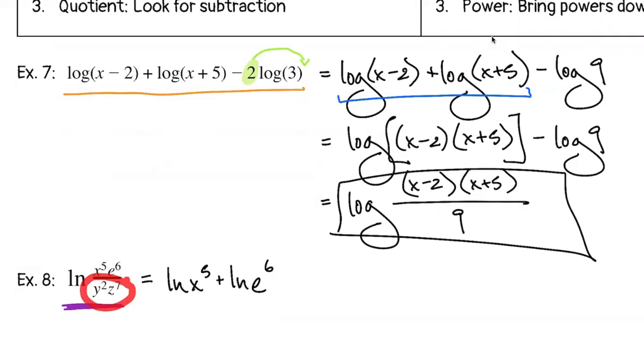These two on the denominator, y squared z to the 7th, I can write as natural log y squared plus natural log z to the 7th. What operation should I use to connect these two? All right, and why are we doing a minus here? I agree with you. Why are we doing a minus? The division. Yeah, the division.